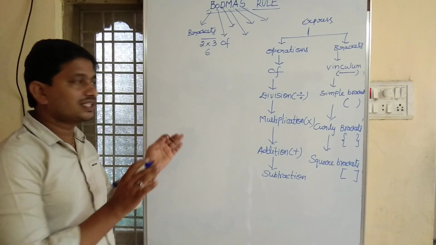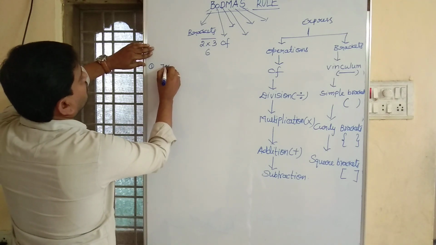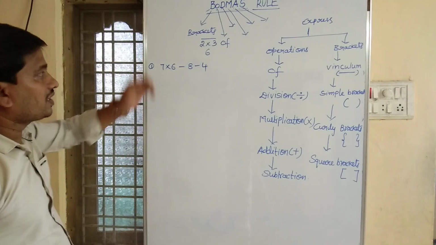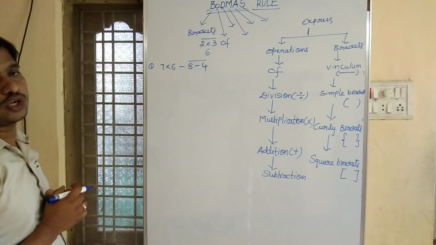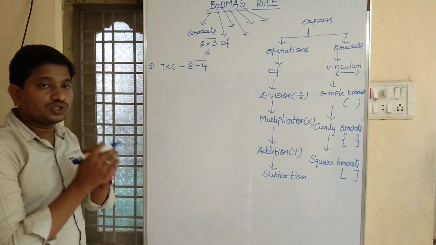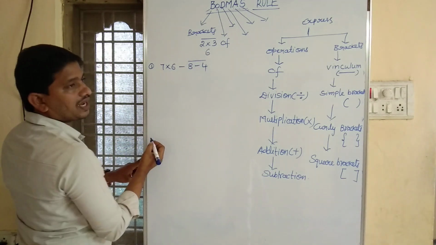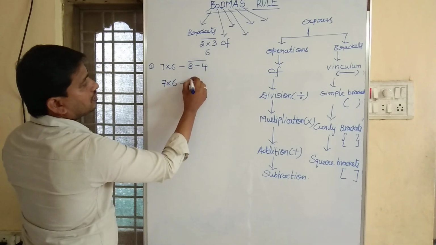Children, let us solve a simple arithmetic expression. For example, 7 into 6 minus the vinculum of 8 minus 4. This is an arithmetic expression. Suppose we have a vinculum bracket also. As we know, the first priority goes to the bracket, which is the vinculum bracket. So we have to solve that first. 8 minus 4 is equal to 4.